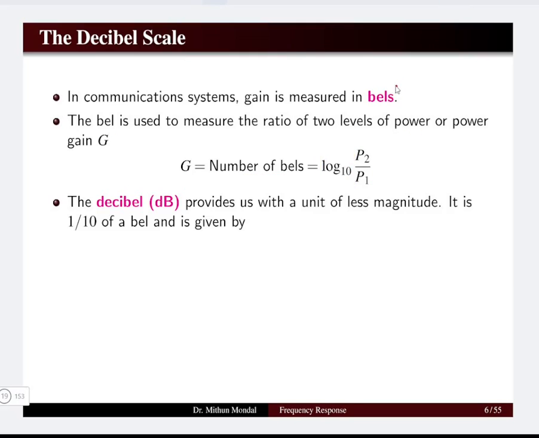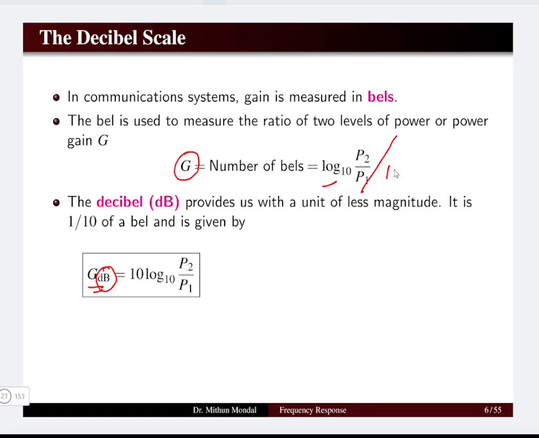Now, the smaller unit, when we take one unit that is bel, we have one more unit that is known as the decibel. So decibel provides us a unit of less magnitude as compared to bel, and it is 1 by 10th of a bel, and generally we prefer decibel over the bel. So the gain of the system in dB, that is the decibel, is equal to 1 by 10th of this value.